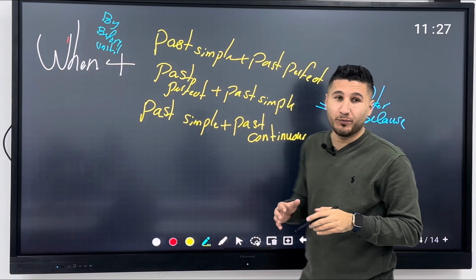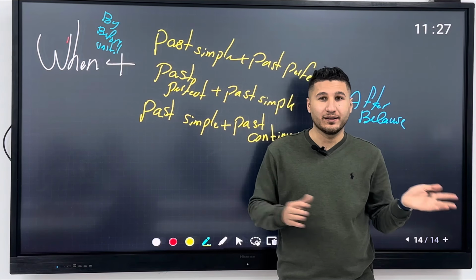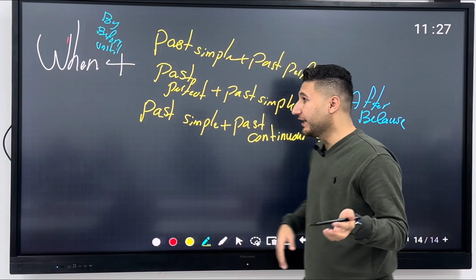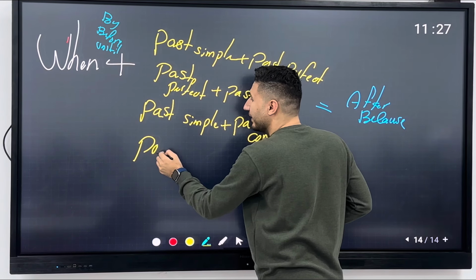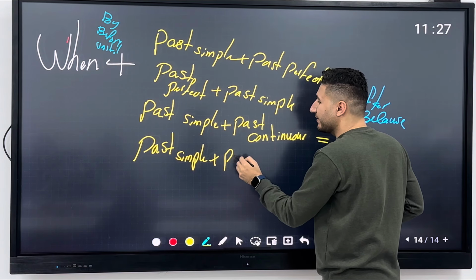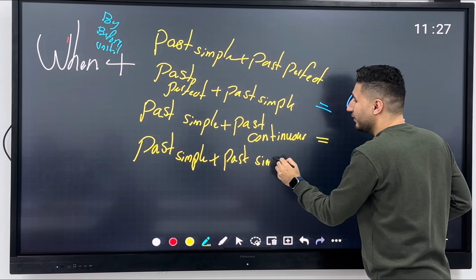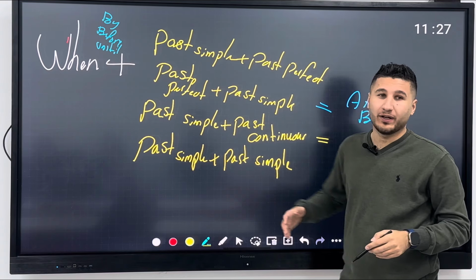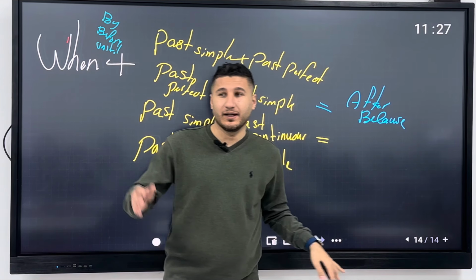So here is the opposite of while and as. Okay, finally we have past simple plus past simple. In this case, we don't have any rule which is equal to the last one.